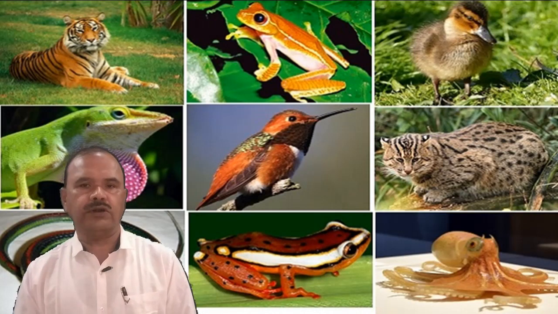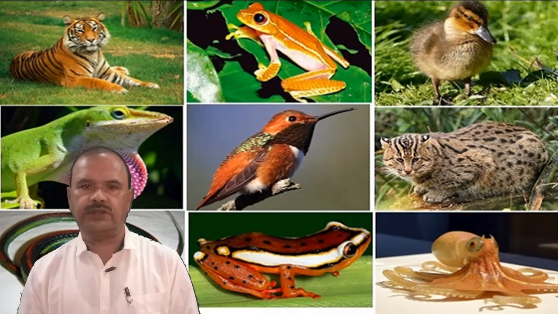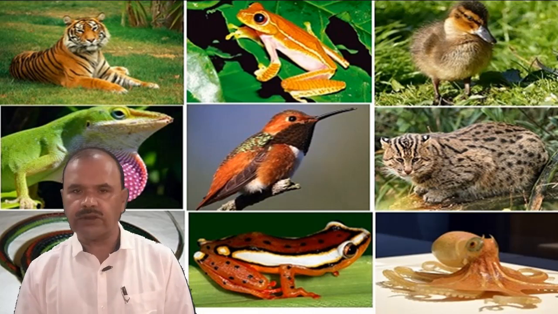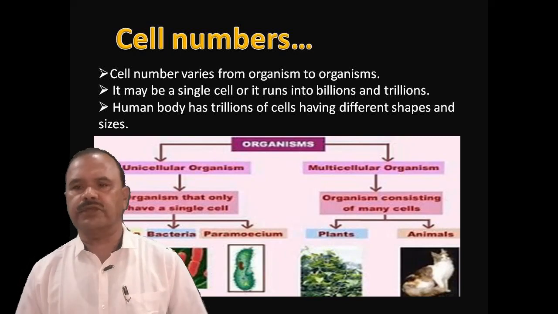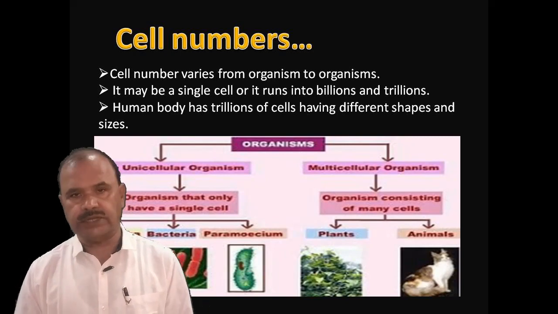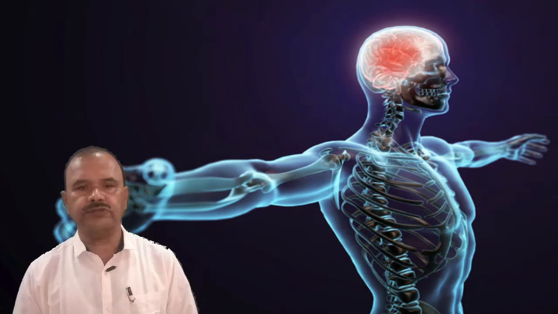All organisms composed of more than one cell are called multicellular organisms. In our surroundings we have many examples of multicellular plants like trees, and we human beings are also multicellular organisms, and our body comprises trillions of cells.